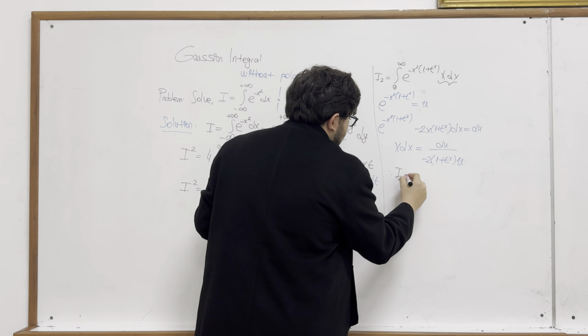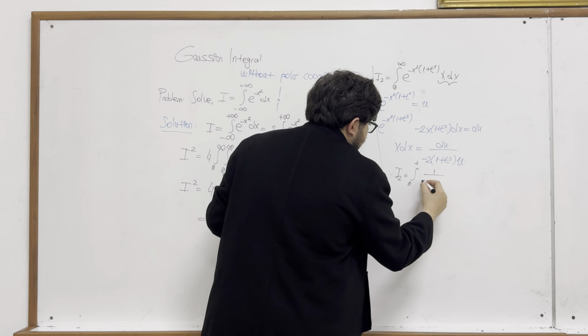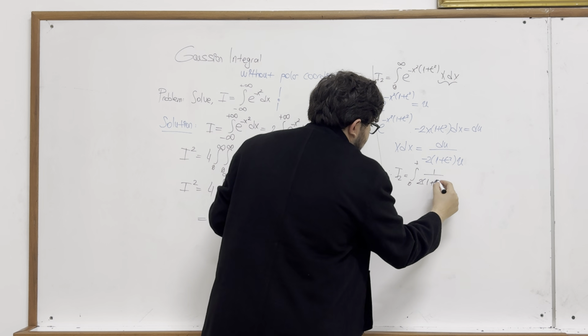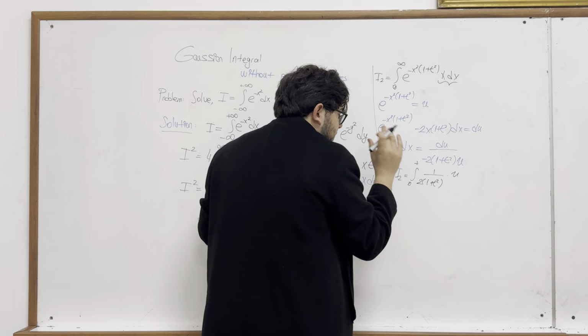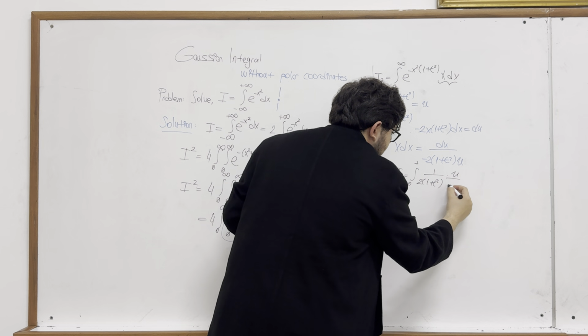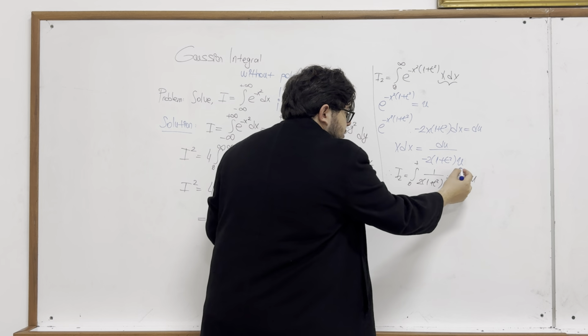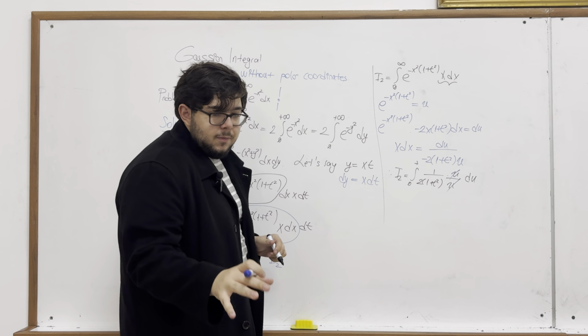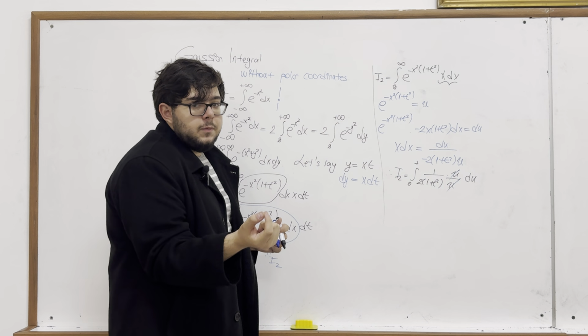Conclusion, I2 is equal to the integral from 0 to 1 of 1 over 2 (1 plus t squared). We have u right here, but do not forget the u at the bottom, u du. Okay, so this is nice because this u and this u are cancelled out. And we know that this is just a constant for the u world.